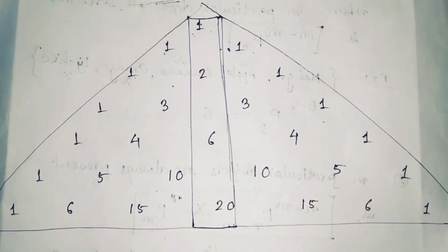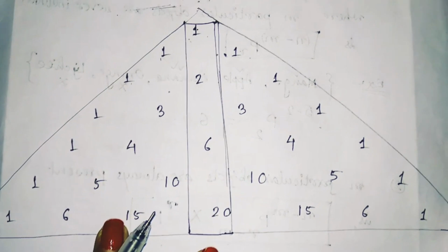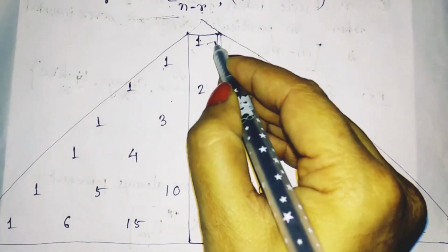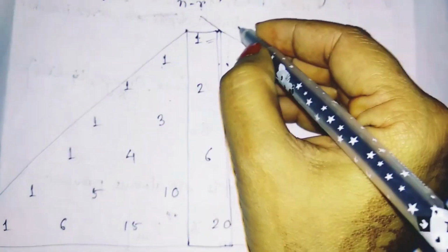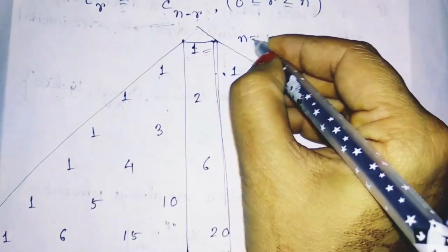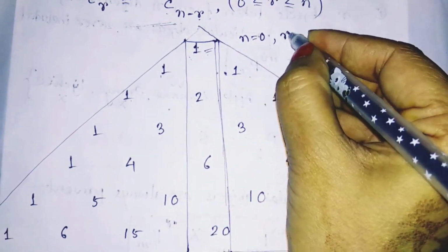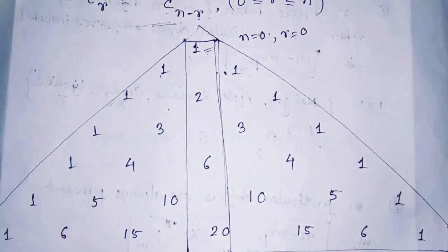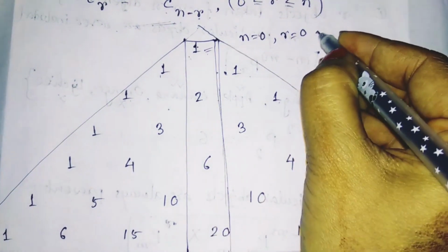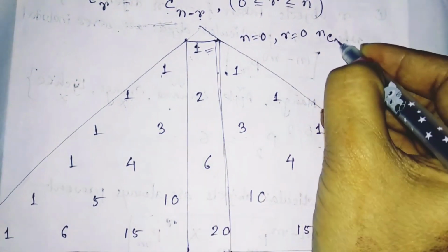Now we can say these all are, depending upon the n and r, the coefficients of the combination. How is it? Here the first element is 1. So we can say here n is 0, and definitely then r has no choice other than 0, and the formula is nCr.